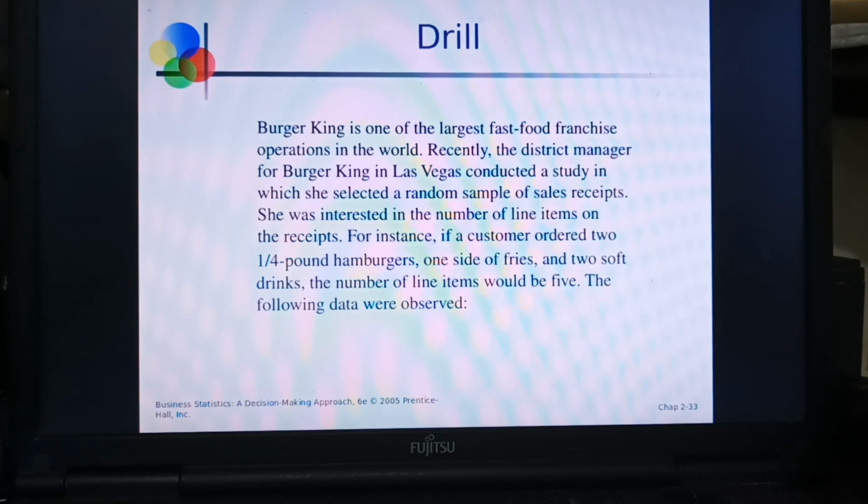For instance, if a customer ordered 2 quarter-pound hamburgers, then 1 side of fries and 2 soft drinks, the number of line items would be considered to be 5, because 2 hamburgers, 1 fries, and 2 soft drinks.